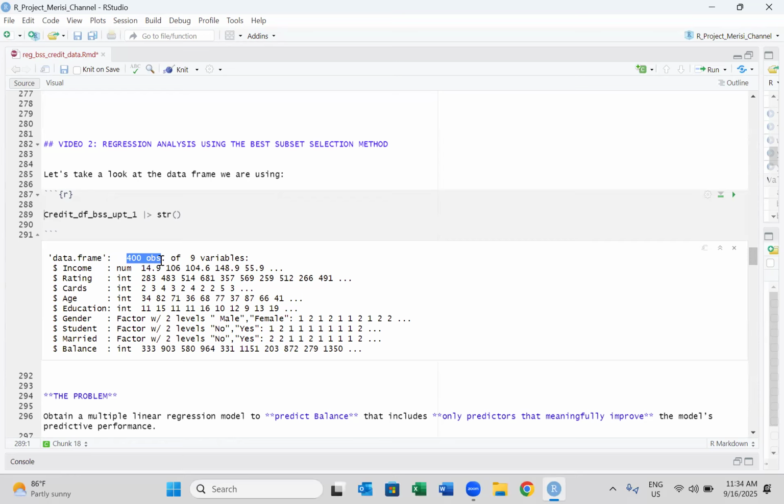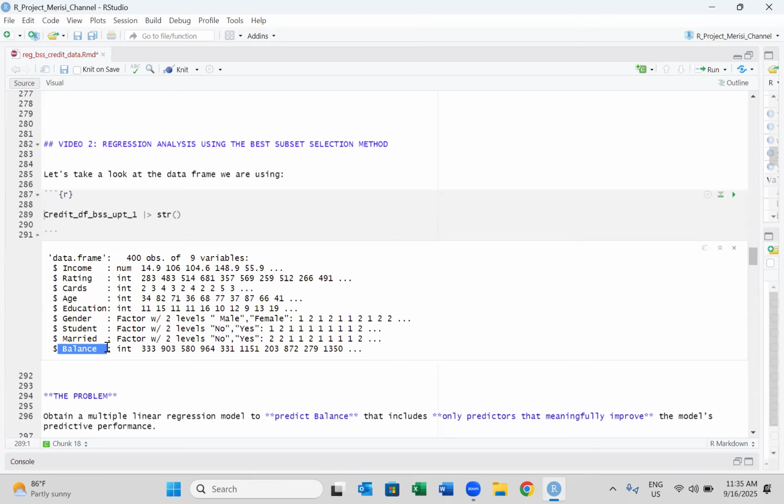And from each person, we have information about his or her income, the credit card rating, the number of credit cards, the person's age, so on and so forth. And finally, the balance. The balance is the credit card balance, okay? So as you can see, we have information about people's financial information and also some demographics, okay?